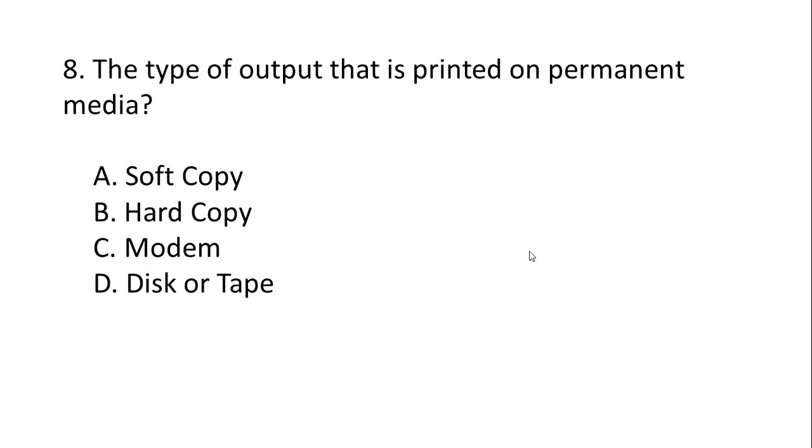Next question is, the type of output that is printed on permanent media is called, option A soft copy, option B hard copy, option C modem, and option D disc or tape. I am repeating the question. The type of output that is printed on permanent media is called soft copy, hard copy, modem or disc.